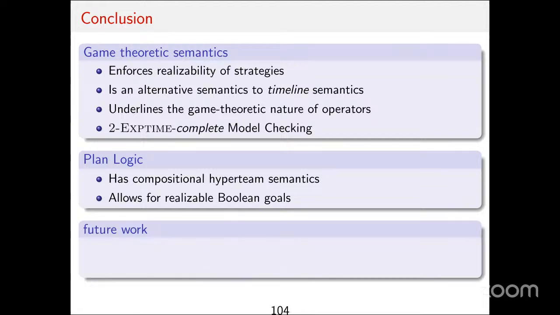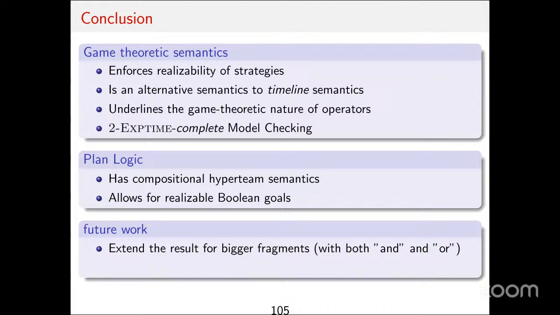What is left is to extend the construction of the game, so just the game theoretic semantics for fragments where we use both and and or operators. We know which fragment we want to have because it's defined for strategy logic, but we don't have the full proof yet.